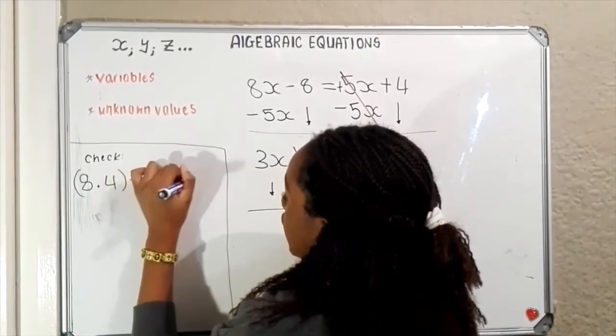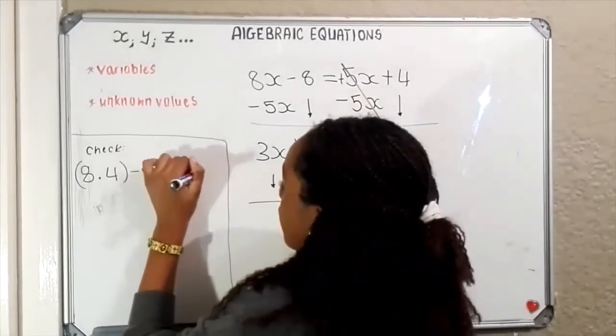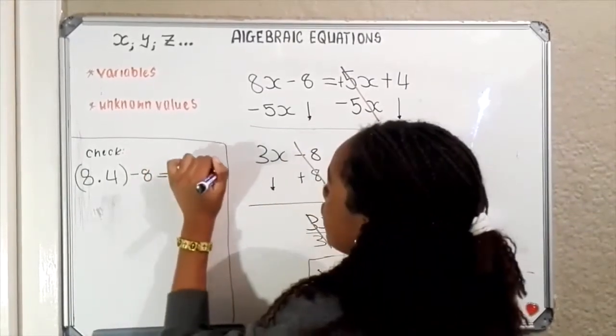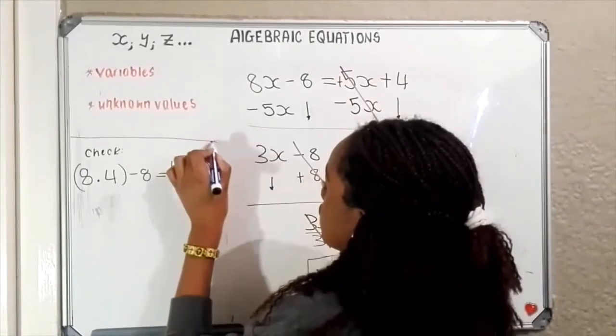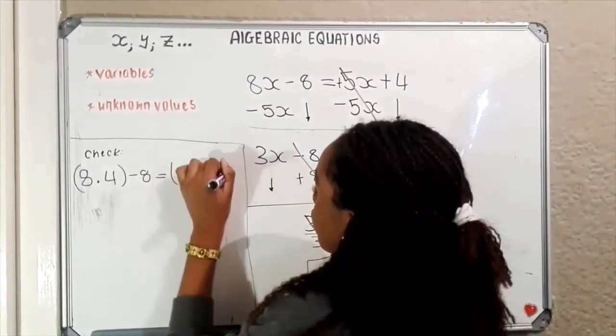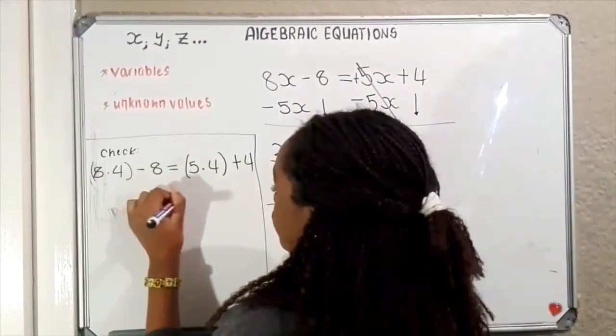So 5 times 4, because we know the value of x is 4, and plus 4 on this side. Let me just extend this a bit. Plus 4. Let's see if this is true by checking.